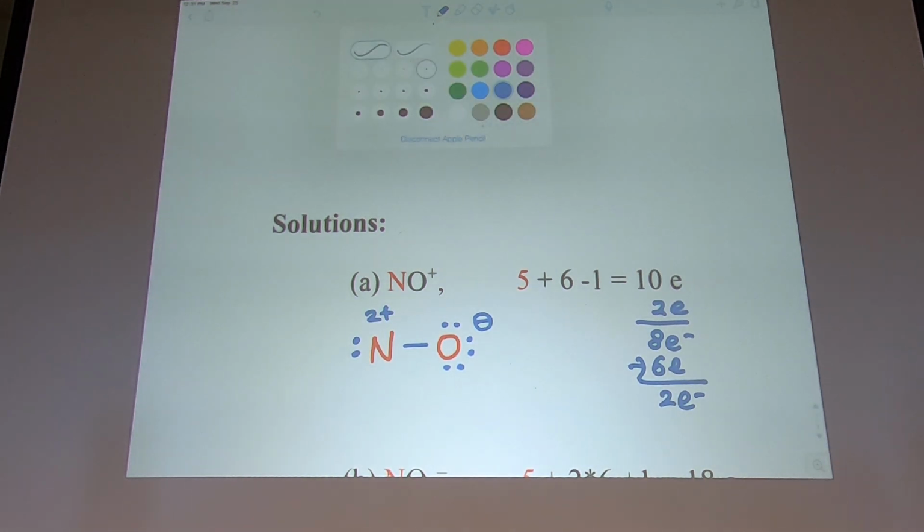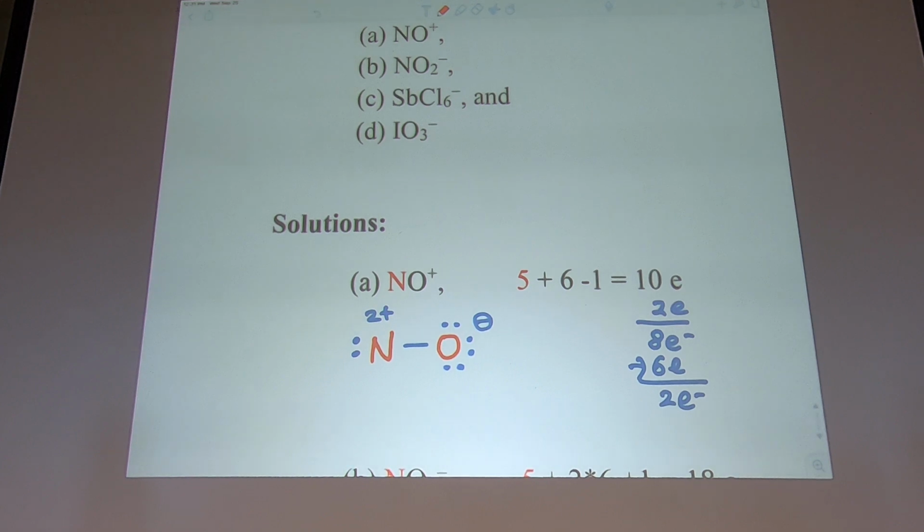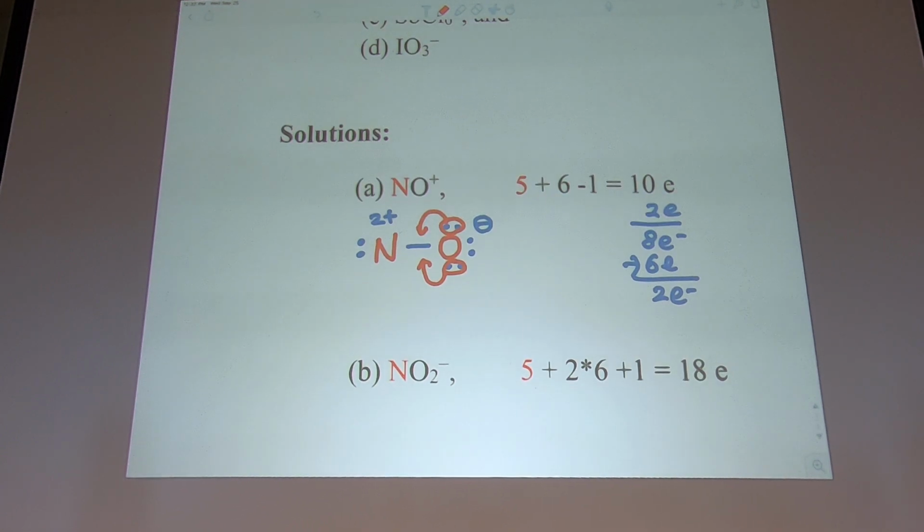So what do we do? The easy way to increase the number is to share. Can I share this? Can you move the electron? It used to be mine, but now I'm going to share it with you. Now I'm drawing the triple bond between oxygen and nitrogen.